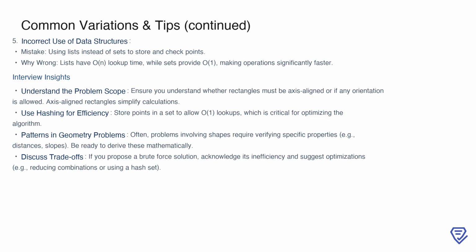Additionally, geometry problems like this often require verifying specific properties, such as distances or slopes, so be prepared to derive these mathematically. Finally, when discussing solutions, always acknowledge trade-offs. If you start with a brute force approach, explain its inefficiencies and suggest optimizations, like reducing combinations or leveraging a hash set for better performance.